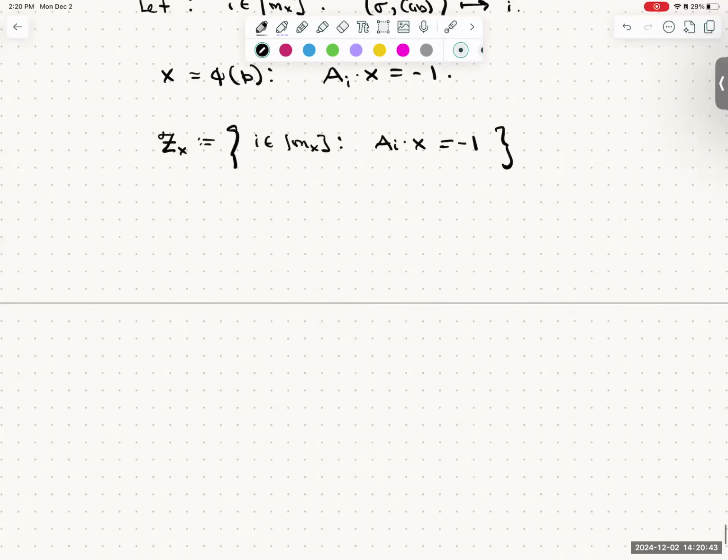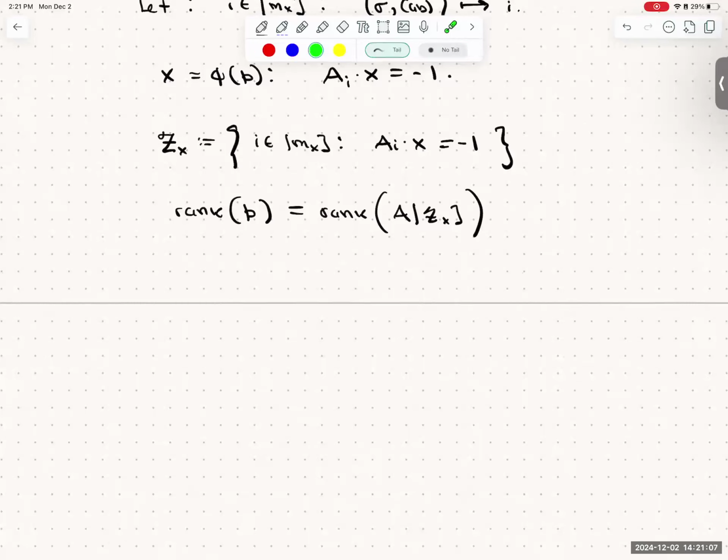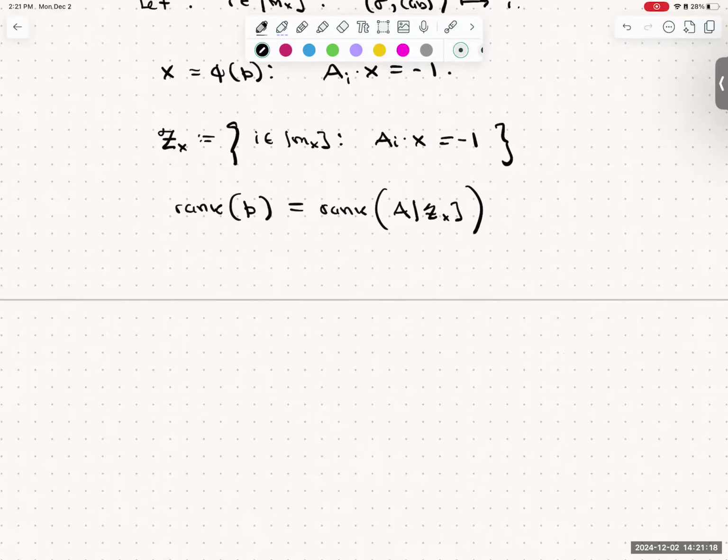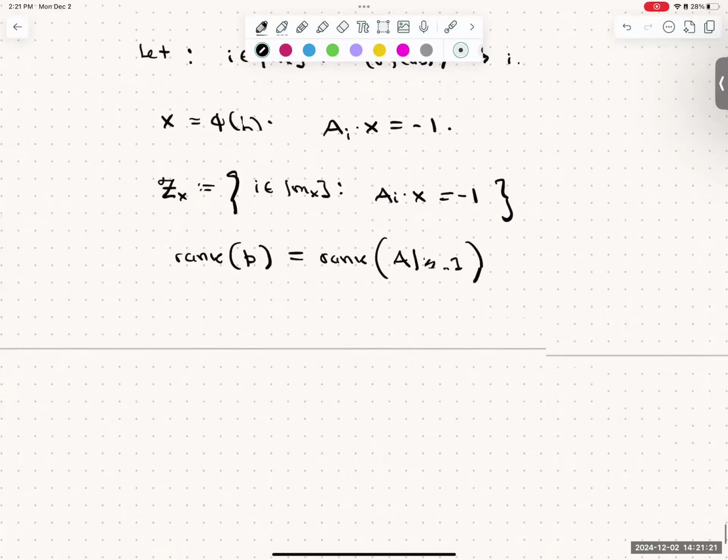Okay, that sounds good. And then we also say that the rank of a simplicial distribution is equal to the rank of the matrix A restricted to the rows indexed by the tight set, where what I mean by this notation is that I'm only taking the rows of A such that the index i is there. So the rank of a simplicial distribution is the rank of the corresponding matrix given like this.